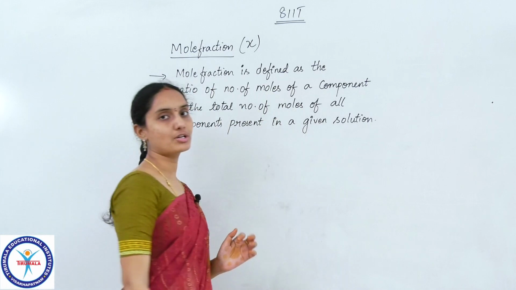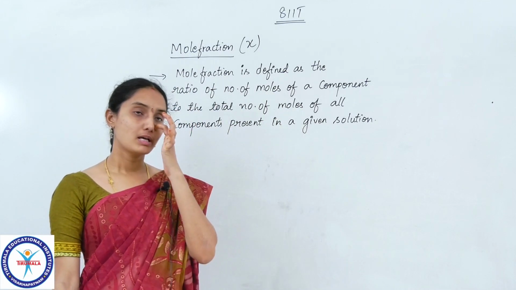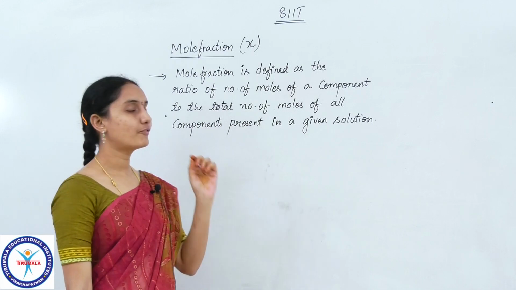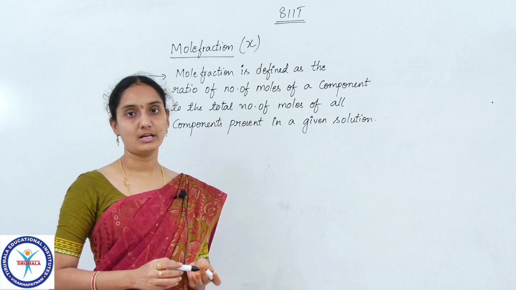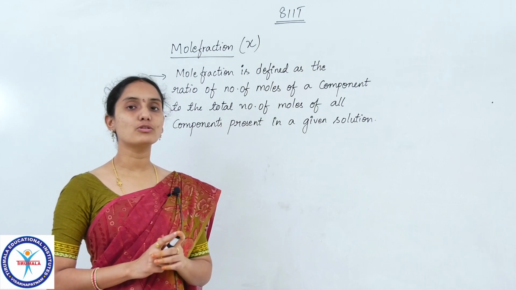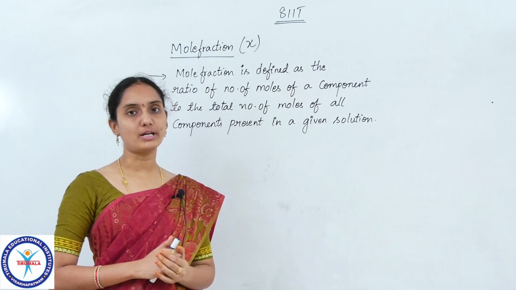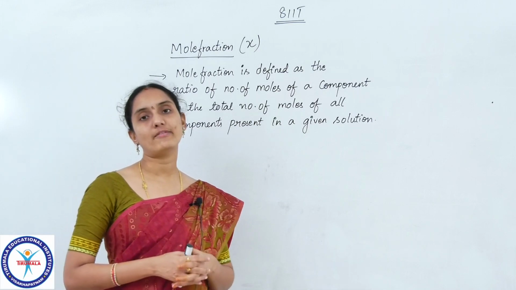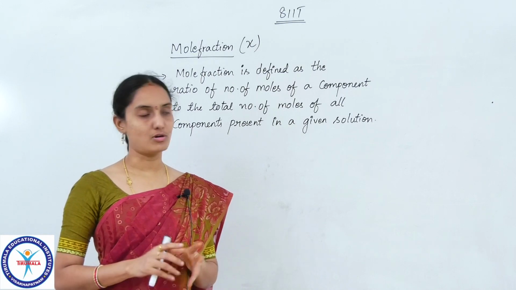Generally a solution is made up of two or many components. So in that solution, if you want to calculate the mole fraction of a particular solute or component, what you have to do is divide the number of moles of that particular component by the total number of moles of all components.